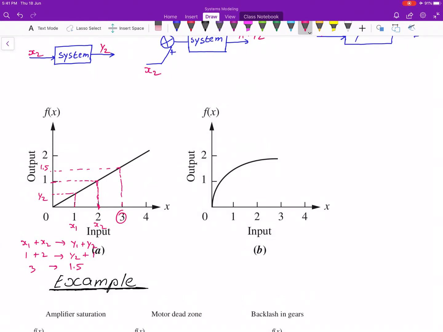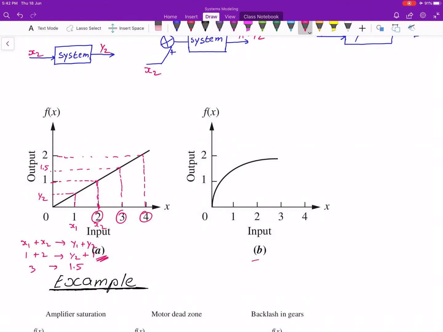So if I double this such that our input now is 4, which is here, the output should also double, meaning the output should be 2. If we line this up, when you are at 4, the output is double, which is 2. Meaning that our first diagram is linear. It satisfies the linearity property.